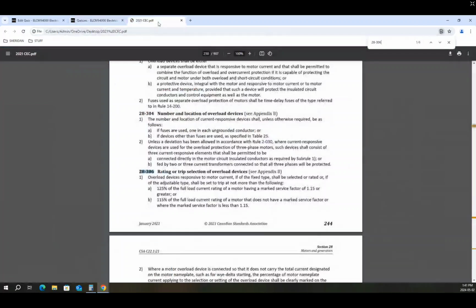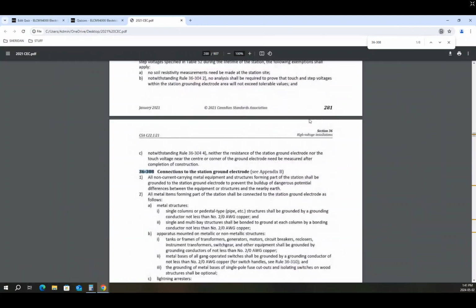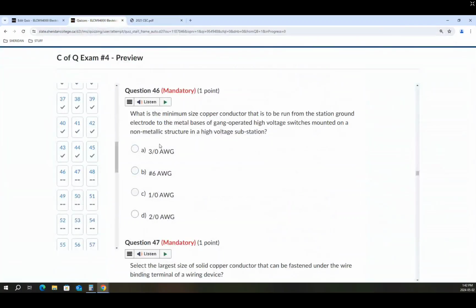So we're going back to section 36. And so high voltage installations, connections to the station ground electrode.